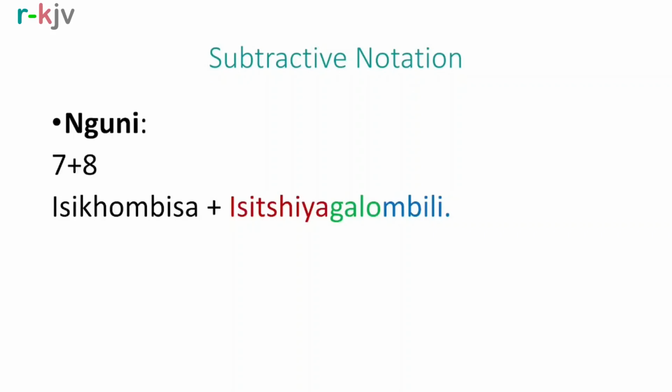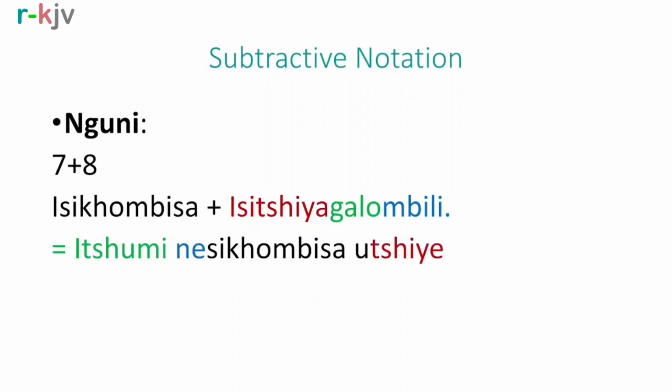The result is a matter of having an understanding of the meaning of the number words involved in the calculations. From the word galo, the base, we get the word ichumi since the calculations are in base 10. The remaining words give the resultant phrase isikhombisa uchiye okubili.